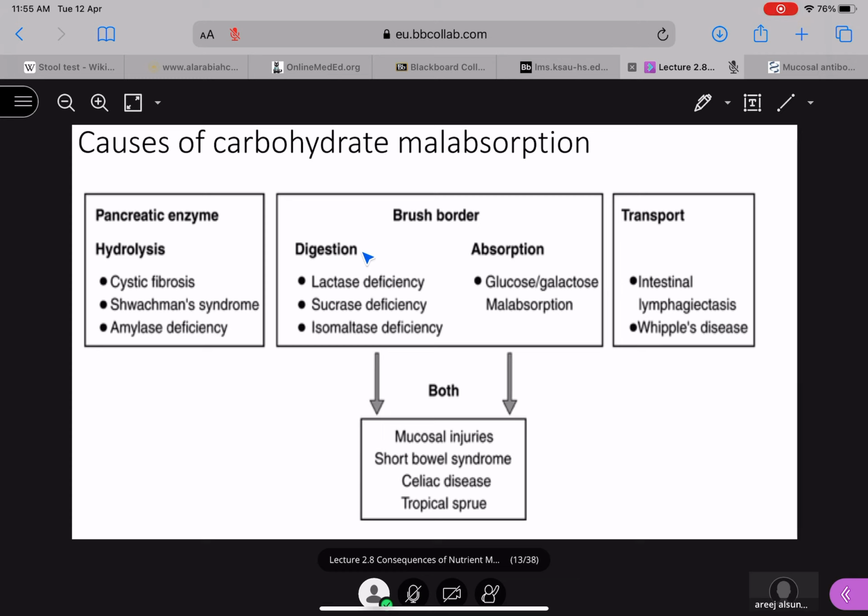The most common examples are lactase deficiency, saccharase deficiency, isomaltase deficiency, or if we have a problem within the carrier, like GLUT, such as congenital glucose galactose malabsorption, or if we have both, like short bowel syndrome, celiac disease, or if we have a problem in the transport.